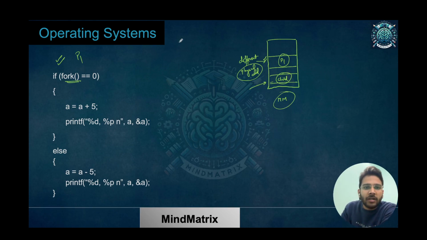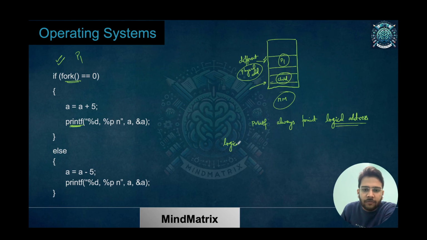But if we talk about the printf statement, printf always prints the logical address, not the physical address. And the logical address for both parent and child are the same.